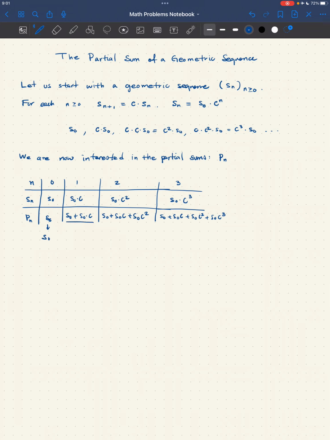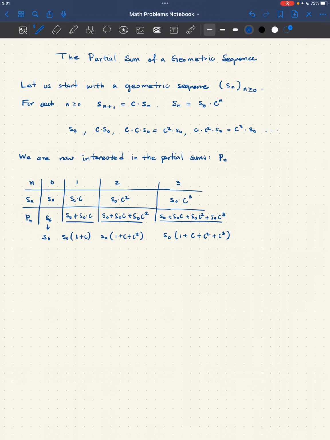But this one is S0 times 1 plus c. Well, this one is S0 times 1 plus c plus c squared. Well, this one that we have here becomes S0 times 1 plus c plus c squared plus c cubed.